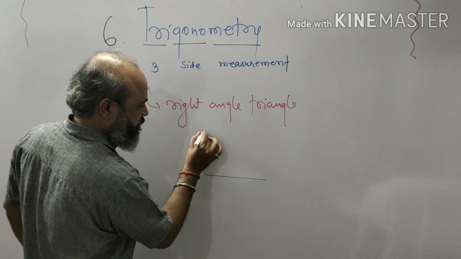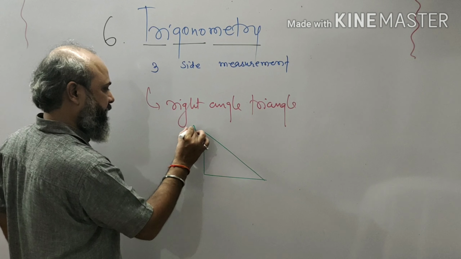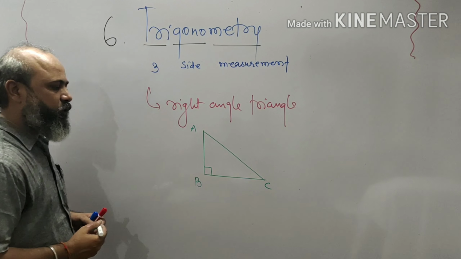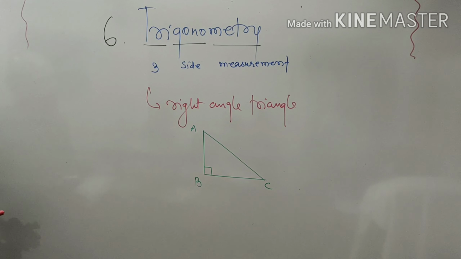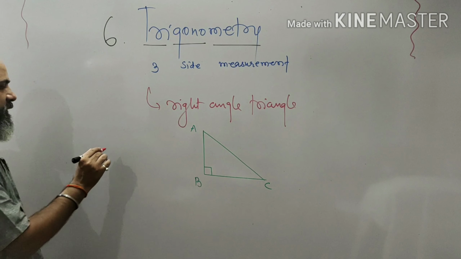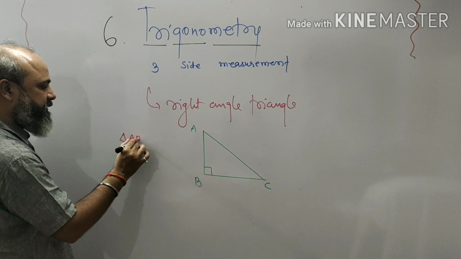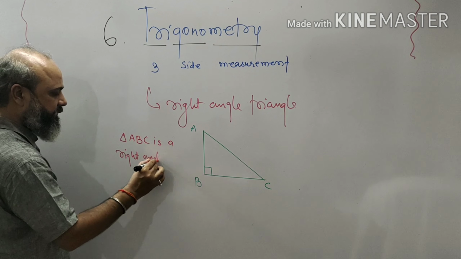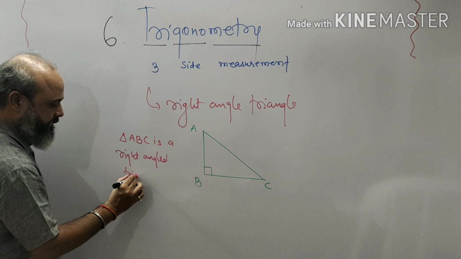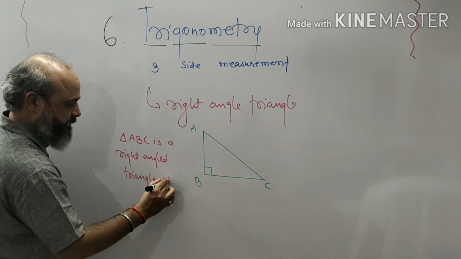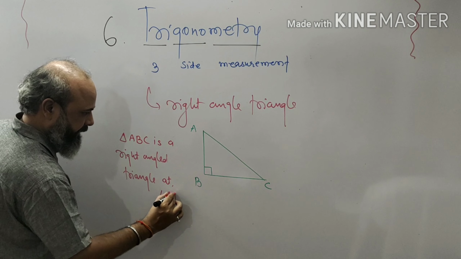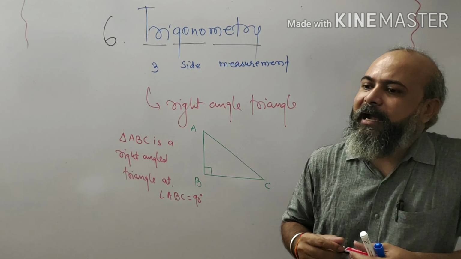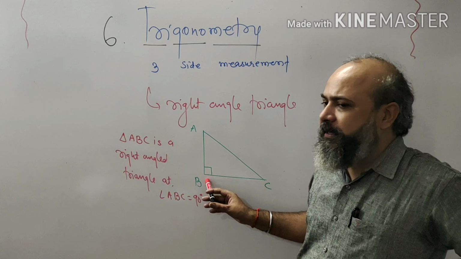For example, this is triangle ABC, and here angle B is 90 degrees. Therefore, triangle ABC is a right angle triangle, with angle ABC equal to 90.